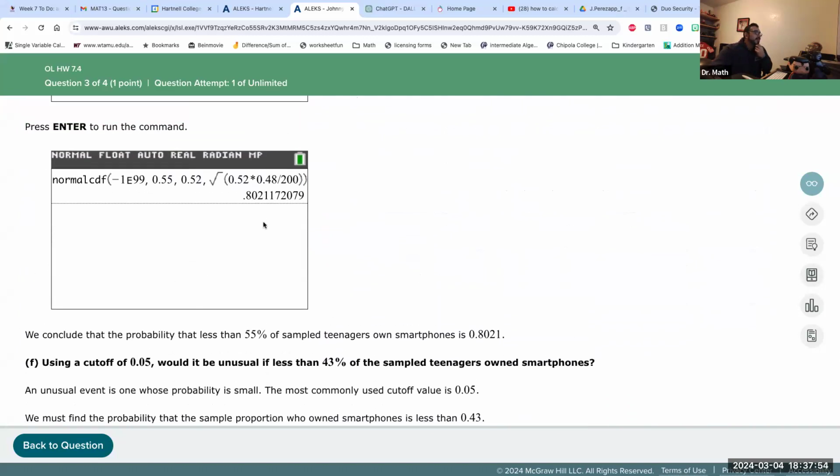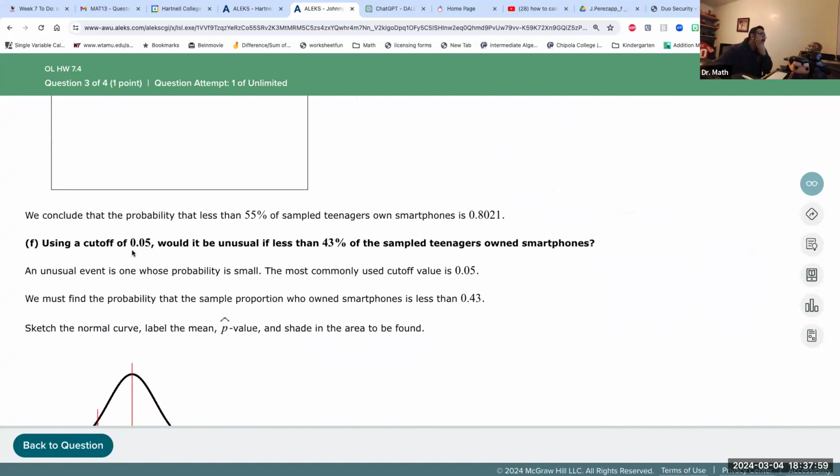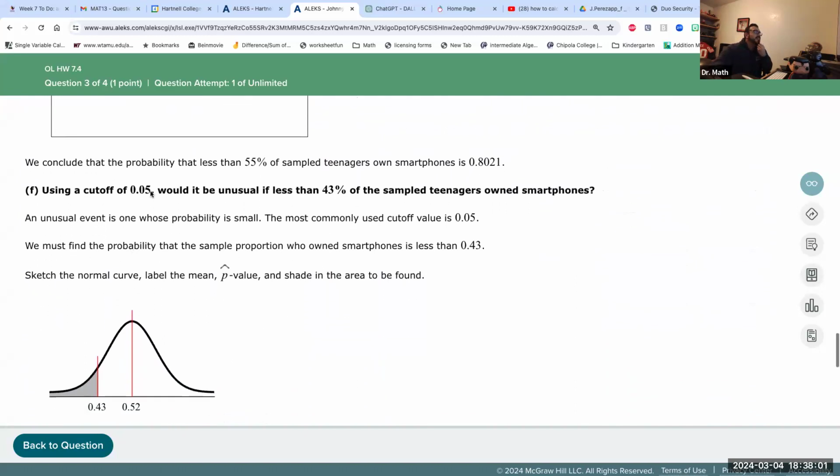Boom. All right. So our last part, using a cutoff of 0.05. So again, we're going to compare our answer to 0.05. Would it be unusual if less than 43% of sampled teens own smartphones? So we're going to look at the probability of that happening.